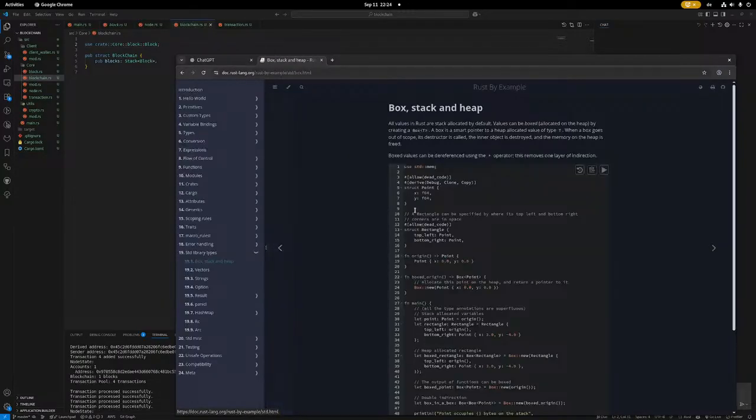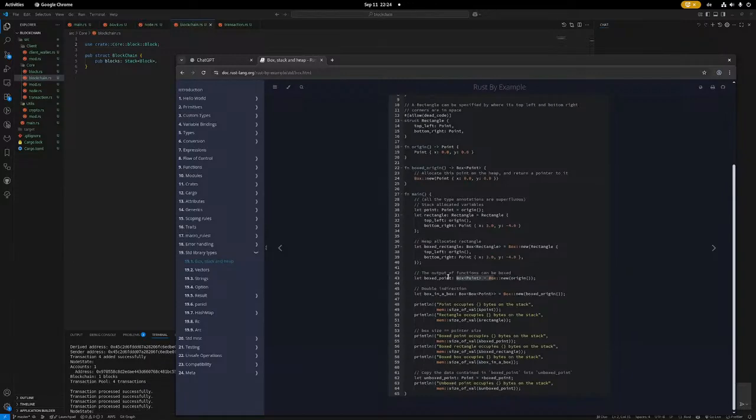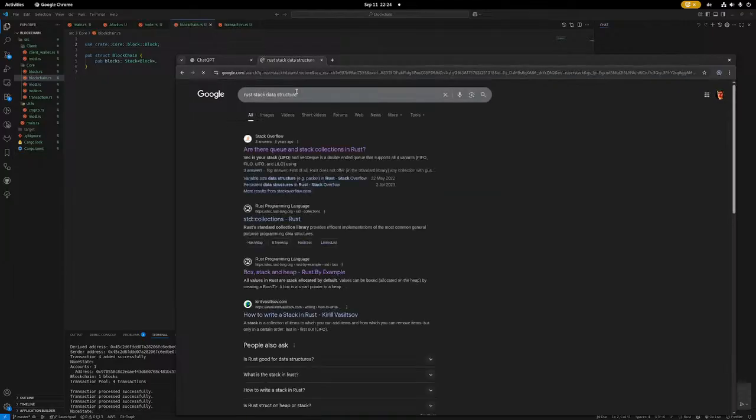Box, stack and heap. The boxes described here aren't the boxes I mean, it's some kind of stack data structure.